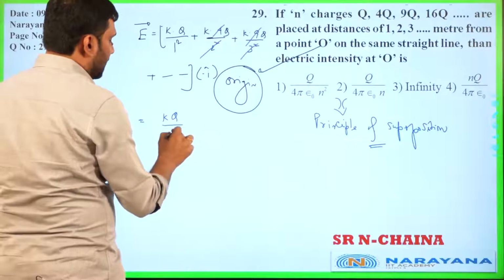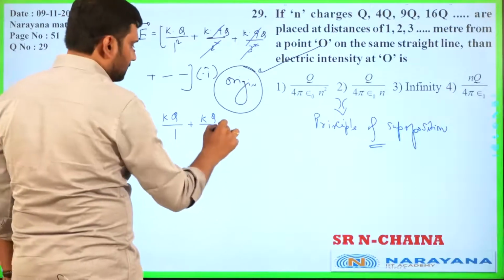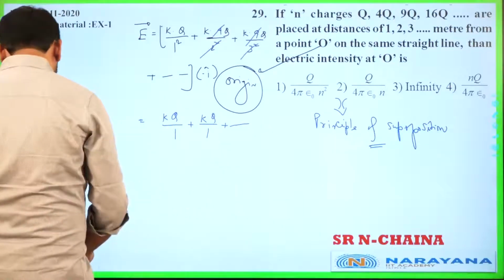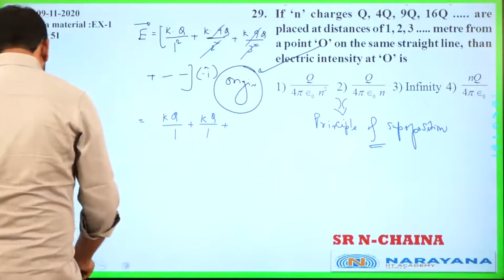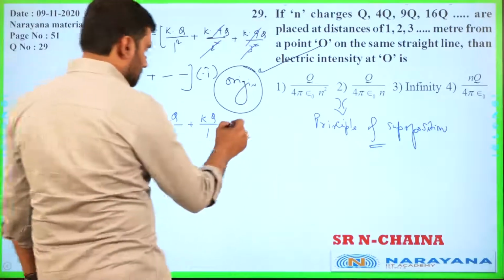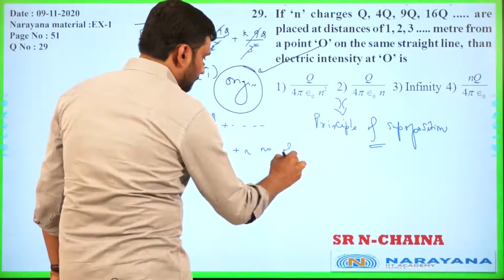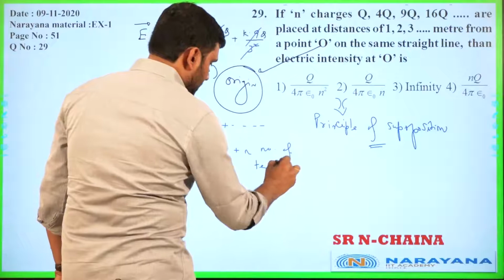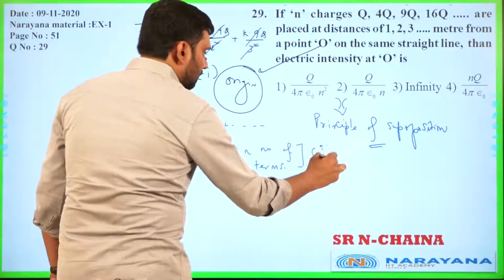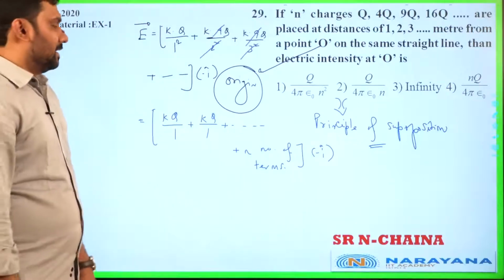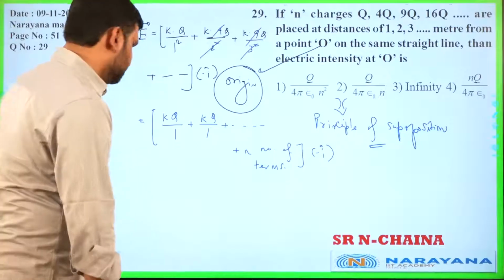KQ by 1 plus KQ by 1 and continuation, up to n number of terms, of minus i cap. Fine. Sum them, you will get the answer. Simple. Okay? Chalo.